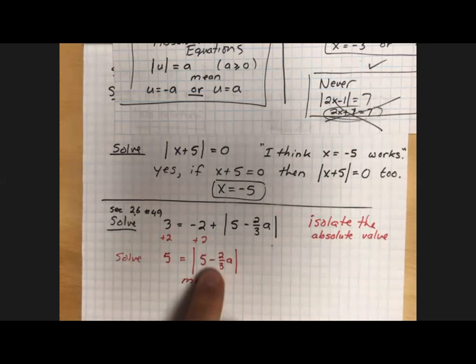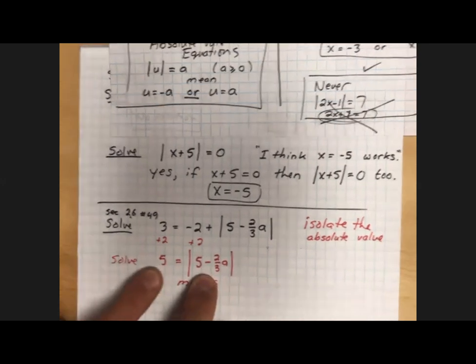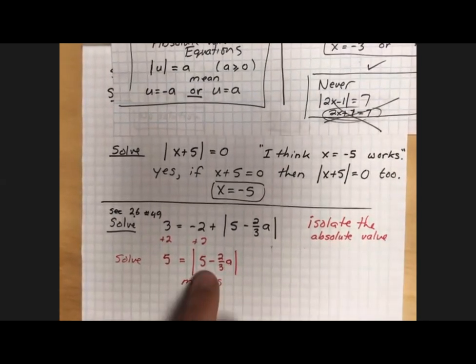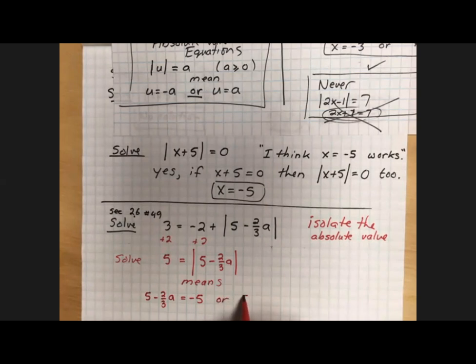Either this stuff under here is 5 already, or this stuff is minus 5. So that's all I'm going to do. I'm just going to write that. Either 5 minus 2/3 A is minus 5, and I win, or 5 minus 2/3 A is 5, in which case I will win.